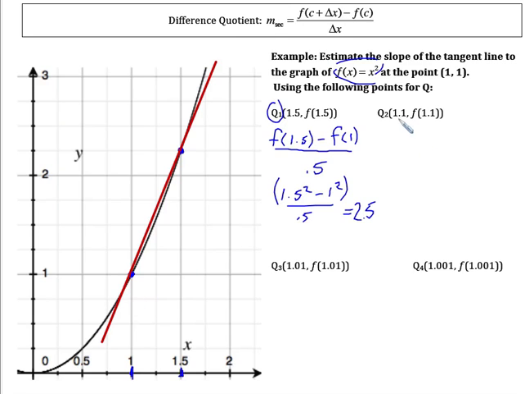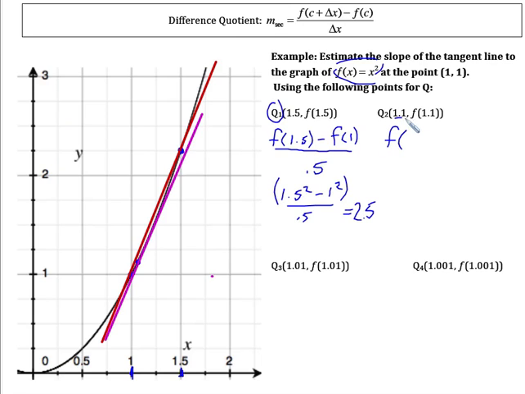Now what we're going to do is we're going to get even closer. We're going to go where Q2 is 1.1. So we can look here. It's getting pretty close. Call it right there. Okay. So that's the secant line that we're looking for. And we just slid that point really close. Now we're only 0.1 away. So we're going to set this up.